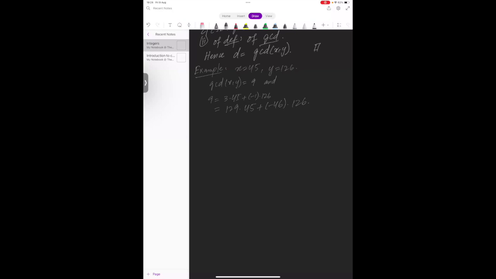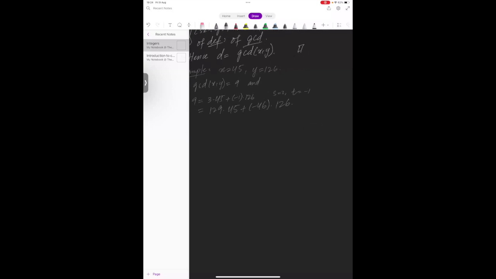So we can talk about these S and T if we have X and Y. Here S is 3 and T is -1. Here S is 129 and T is -46.